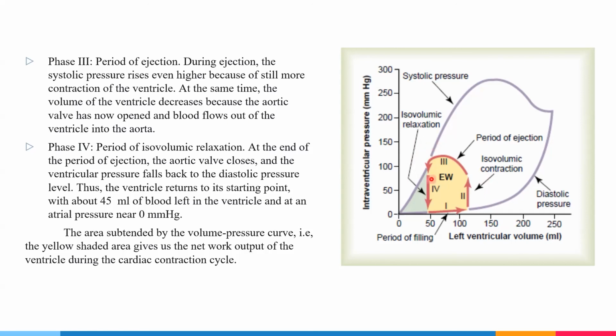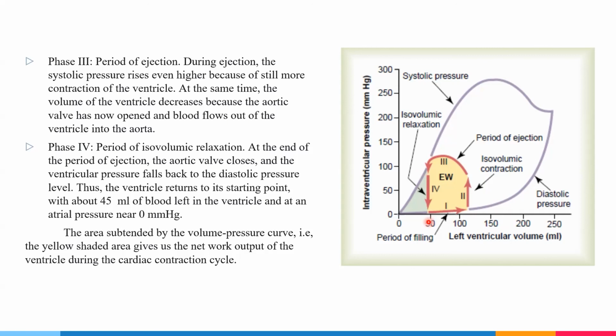And finally, we come to this point, which is phase 4, the period of isovolumic relaxation. At the end of the period of ejection, the aortic valve again closes, this time due to the backflow of blood from the aorta, and the ventricular pressure falls back to diastolic pressure levels as the ventricles relax.